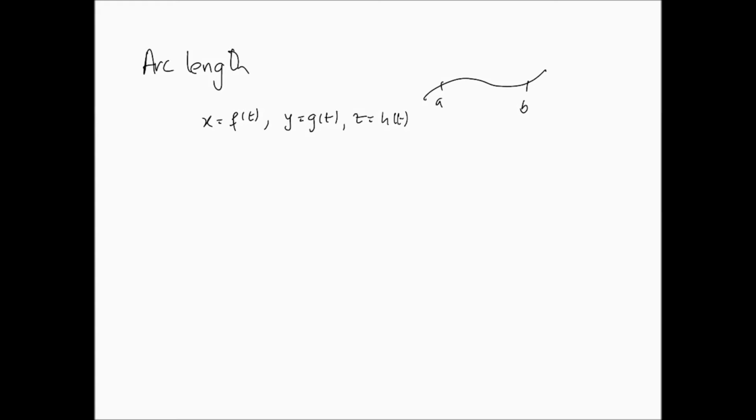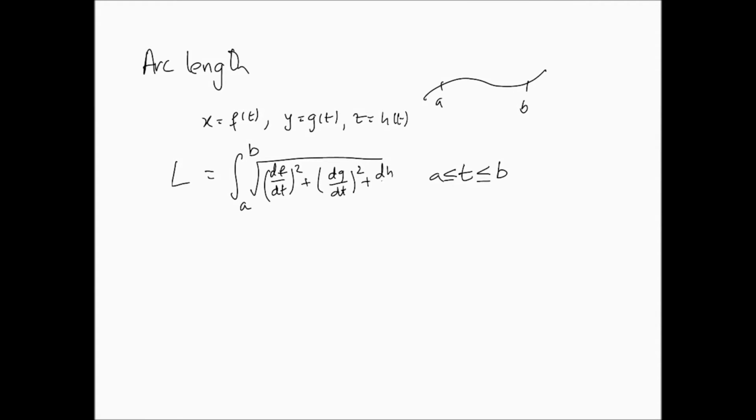Then basically the formula, the length L of the curve represented by this parametrization from A to B, which is, of course, we're interested in calculating the length from A to B of this particular curve, then it is by definition the square root of (df/dt) squared plus (dg/dt) squared plus (dh/dt) squared. It's the square of each of the derivatives with respect to t. So we do this, and then we of course integrate this overall with respect to t.